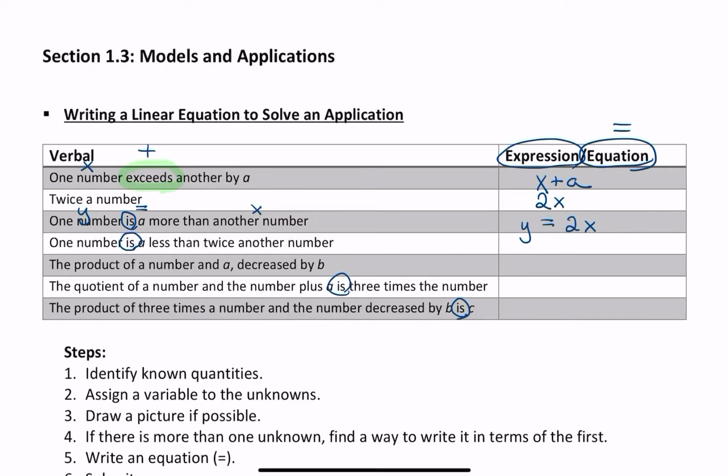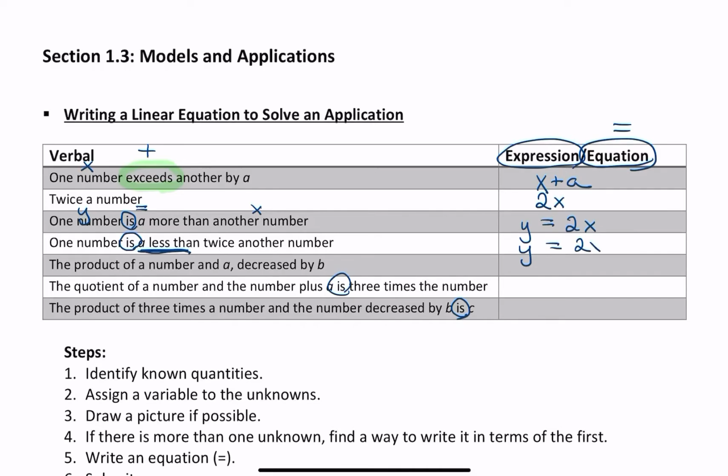Next, we have one number is A less than twice another number. Here you need to be careful. A less, when you're subtracting, you always subtract from that number. So you're going to have one number, we're going to assign that to Y, is A less than twice another number.